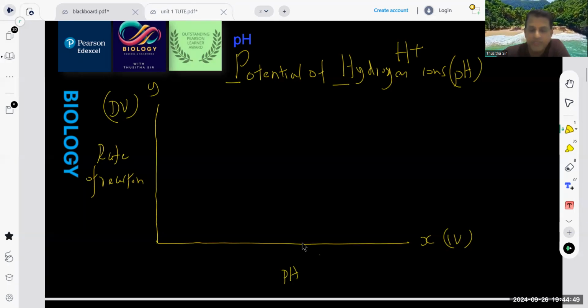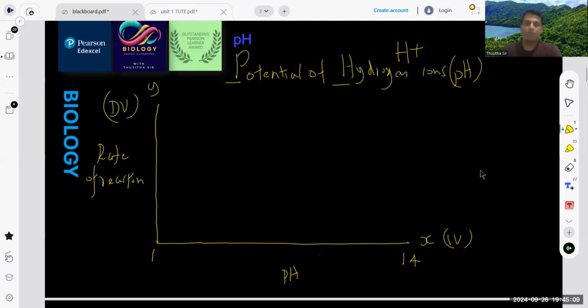So we have different pH. The lowest pH is 1, the highest pH is 14. One and 14.